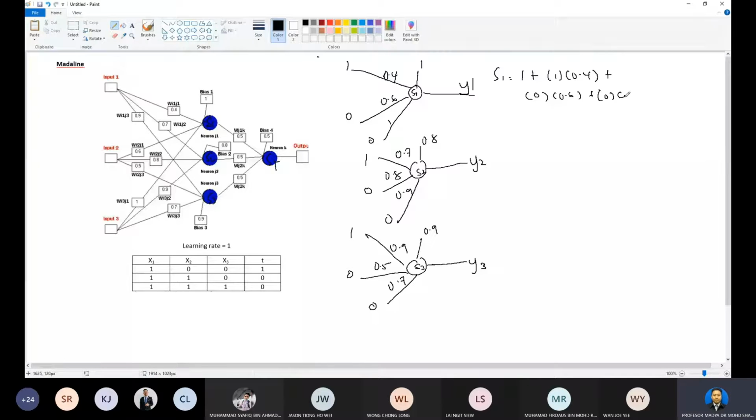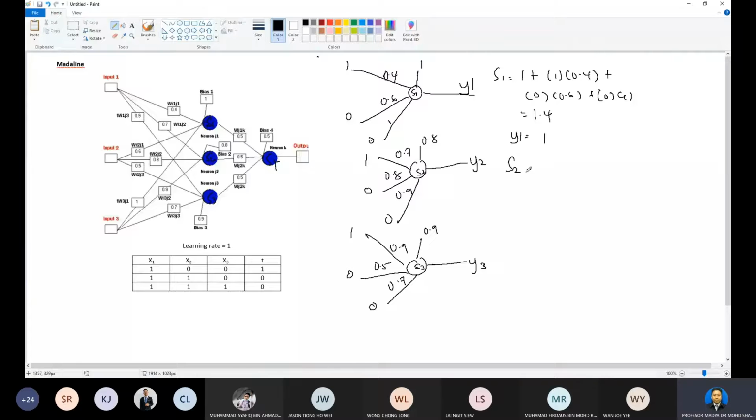The answer is 1.4. Then compare: it is greater, so y1 equals 1. So we go for the next one.